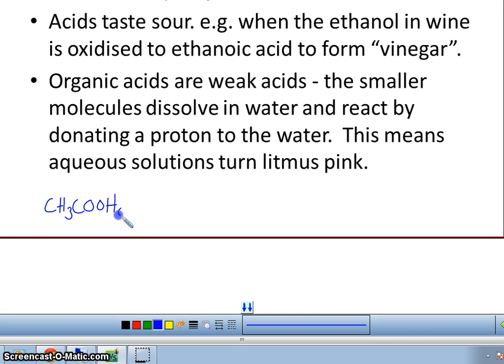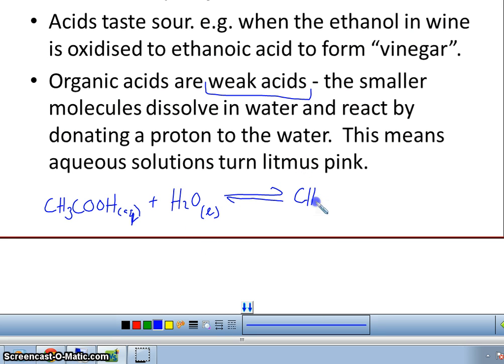If I have this as an aqueous solution in water, this is an equilibrium acid, a weak acid. This means it is an equilibrium, so we draw an equilibrium arrow. The reaction goes both ways.